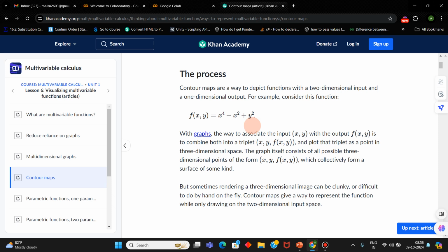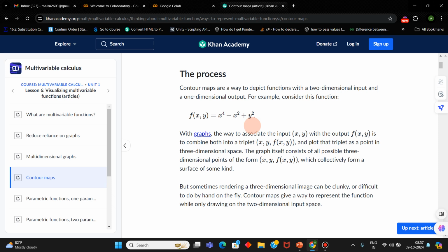On a copy or a page which is two-dimensional, it's very tough to represent a three-dimensional graph. But then this graph comes into the picture, where you can represent three-dimensional graphs using two-dimensional paper.